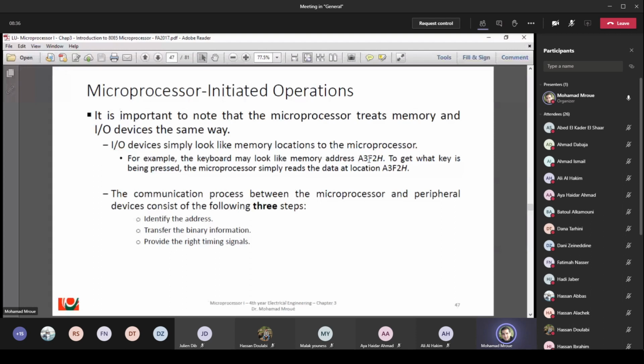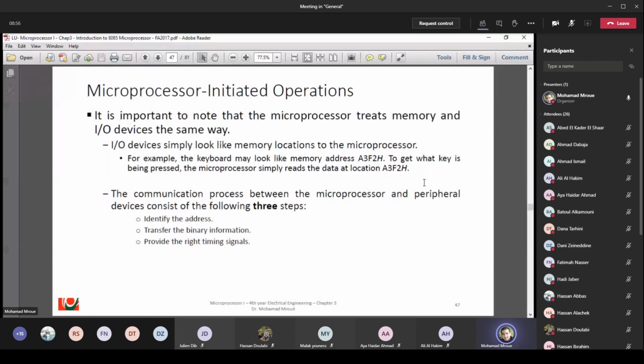To get what key is being pressed, for example, the microprocessor simply reads the data at this particular location. This particular location is reserved to read data from the keyboard. So at this address, it's equivalent to reading data from the keyboard.